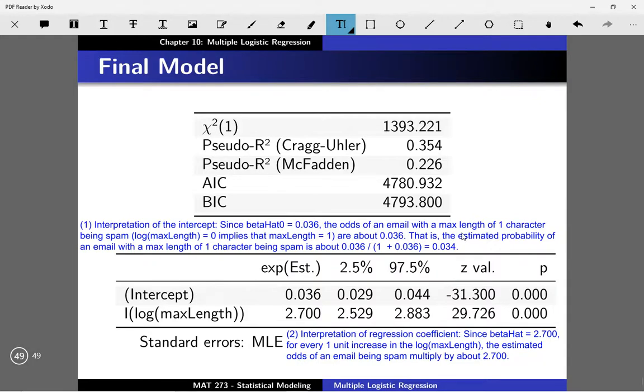Okay. So that's how we interpret the regression coefficient estimates that we have here. All right. And that wraps it up for this video. So thanks, and talk to you guys again soon.